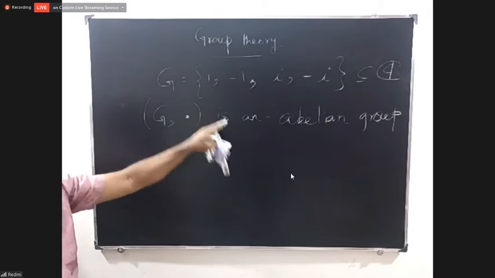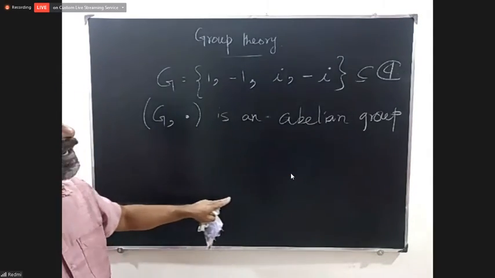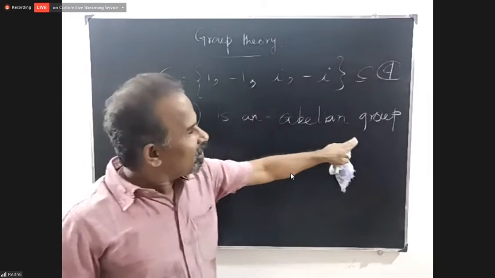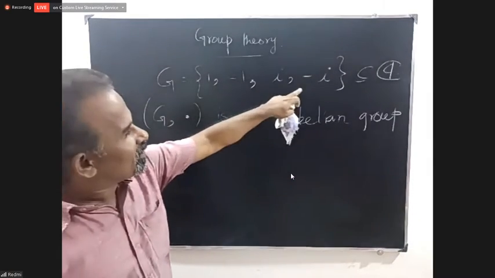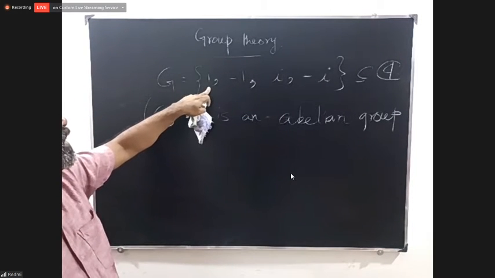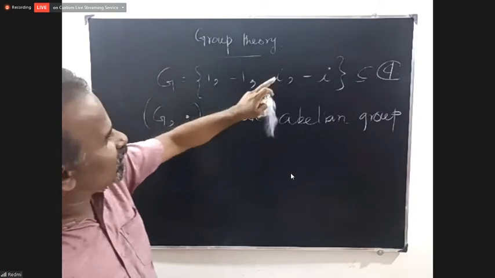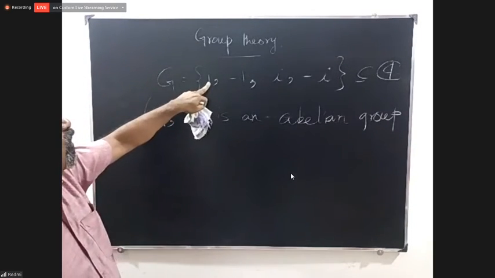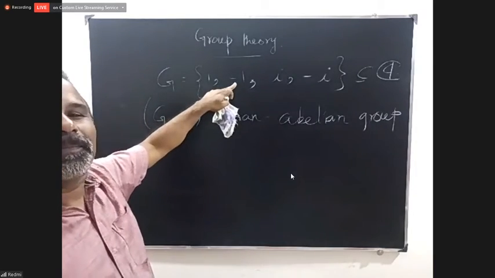Here also you can make a multiplication table, the same thing. The identity element is 1. Closure property also satisfies. Identity is 1. Associativity is there. The inverse of 1 is 1. The inverse of minus 1 is also minus 1.